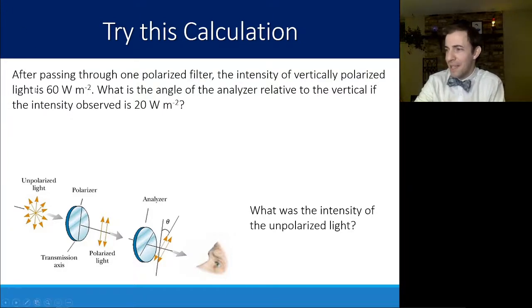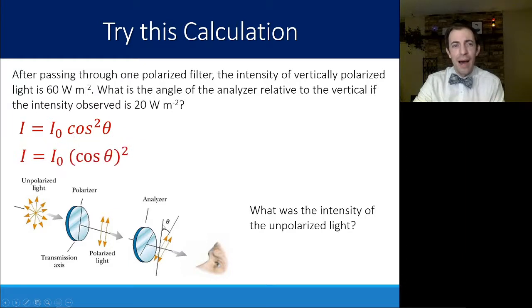So basically what this is saying is we have passed this unpolarized light through a polarizer, and what we're left with is polarized light that has an intensity of 60 watts per square meter. Then after the analyzer, we're going to get 20 watts per square meter. So I want to figure out what angle would allow that to happen.